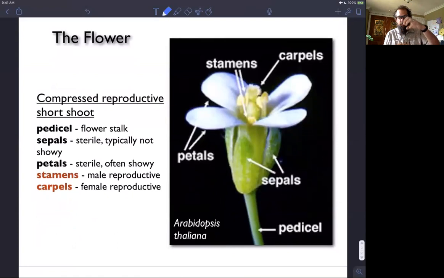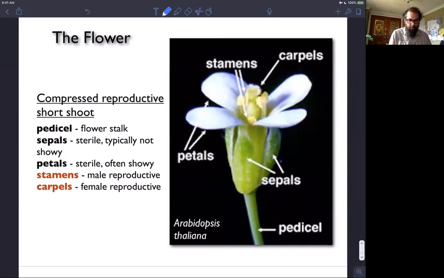I'll show you this a little bit later, but you can imagine this as being a branch, basically, with different parts that are all some form of modified leaf or modified branch that is modified into these reproductive structures. And I'll go through each of these parts, these different modifications of a vegetative shoot that then are compressed down into the flower here.